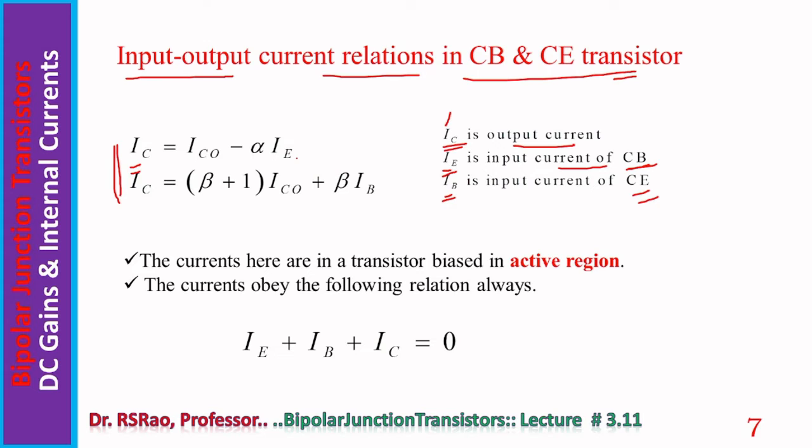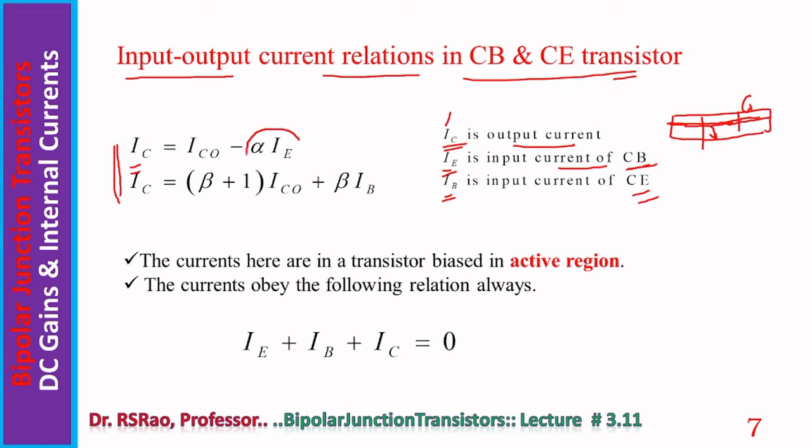Collector current consists of primarily two components. This is the BJT, this is the collector. One component is the emitter current that reaches the collector. This emitter current, while traveling towards the collector, drops a certain amount at the base, and the remainder reaches the collector.